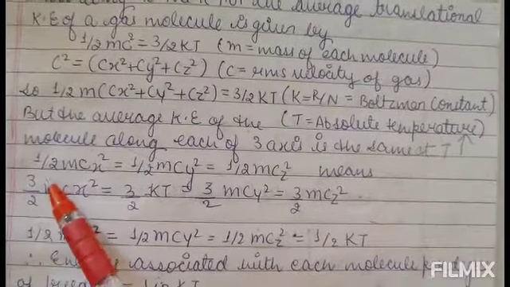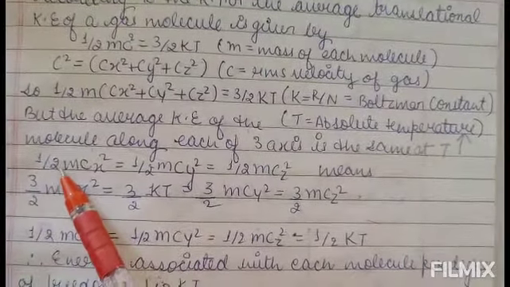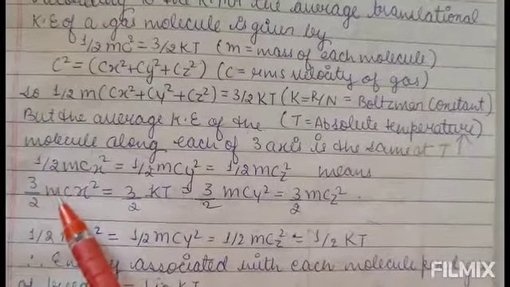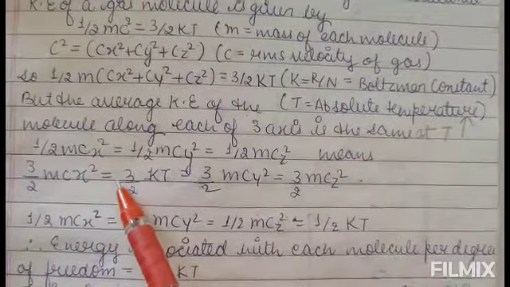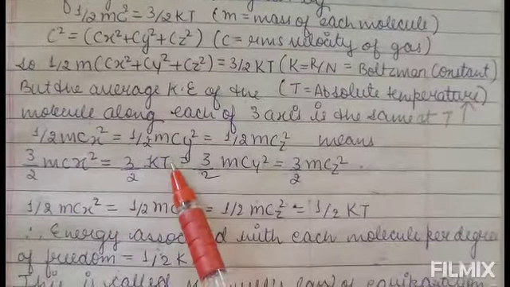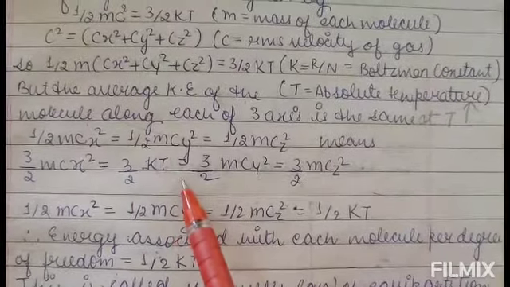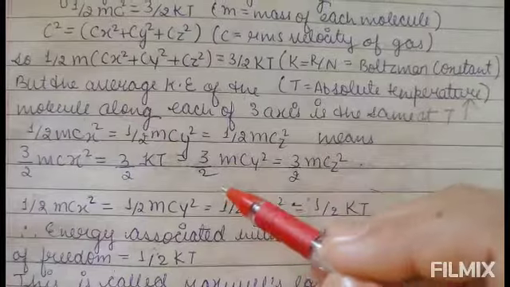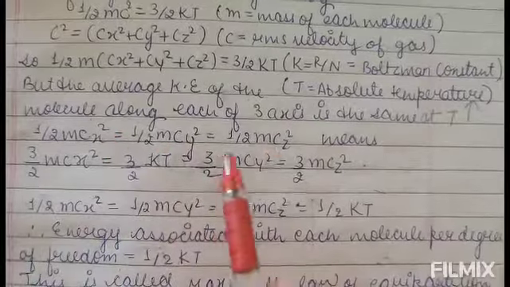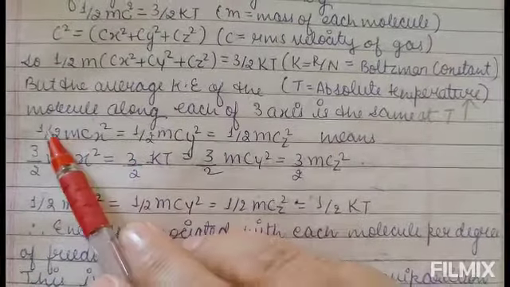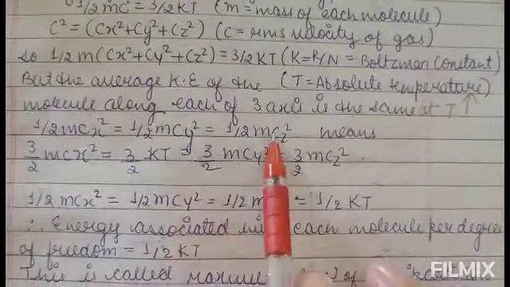So if we take 3/2 mcx square, that is also equal to 3/2 kT, and this is equal to 3/2 mcy square, 3/2 mcz square. Because all these 3 quantities are equal, multiplying by 3 here, you will get 3/2 mcx square, 3/2 mcy square, 3/2 mcz square, and that can be equal to 3/2 kT.